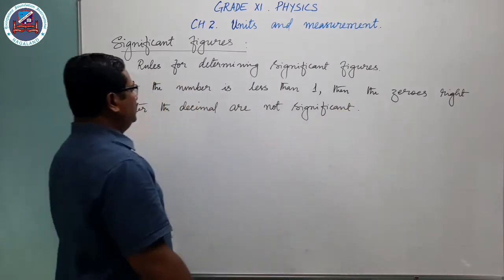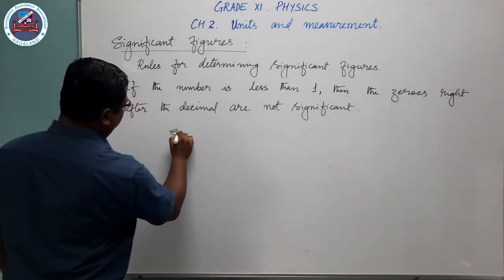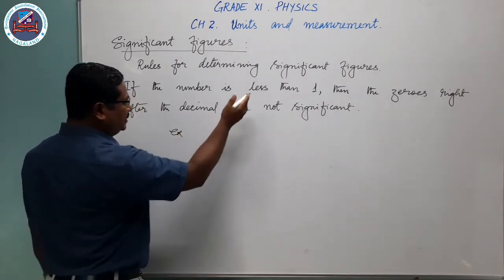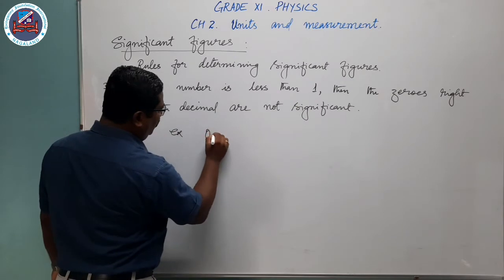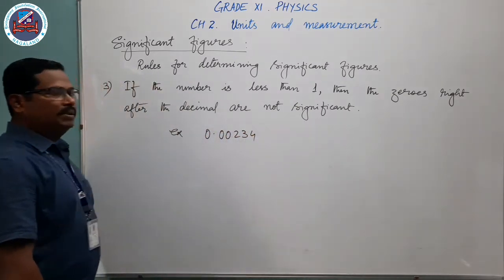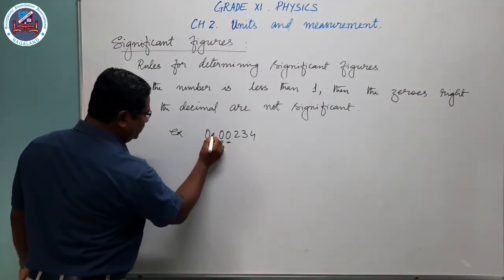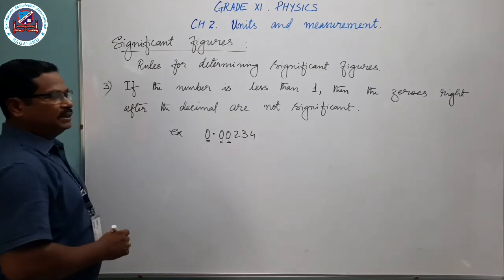So mind here, if the number is less than 1, say 0.00234. If you get a number like this, these zeros are not significant. These zeros are not significant.